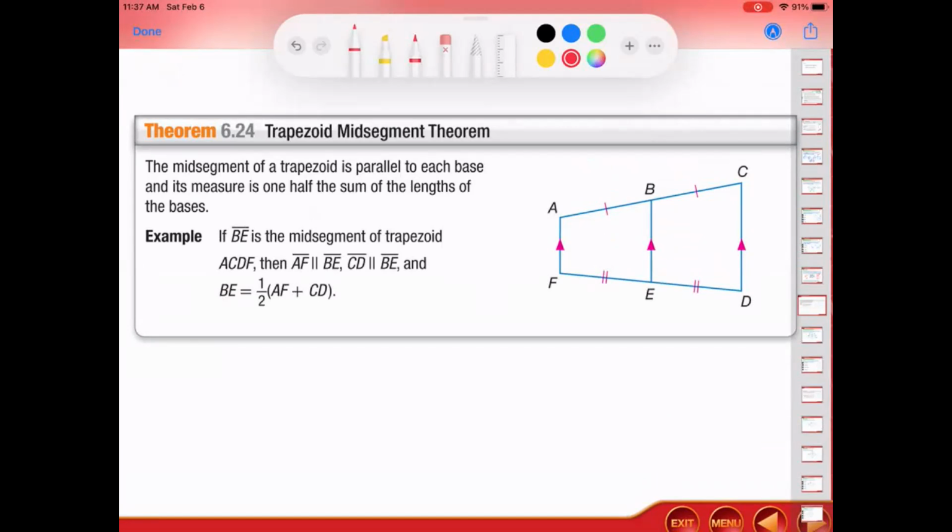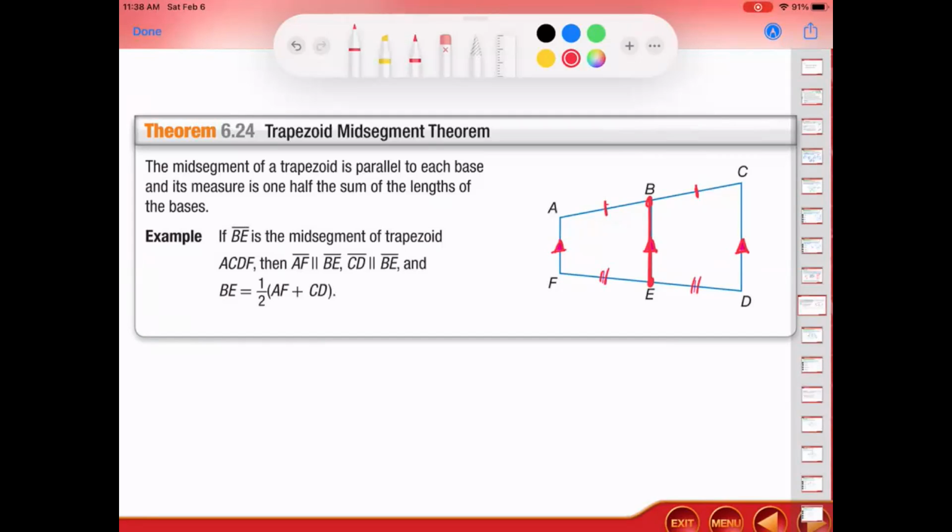So when you have a trapezoid mid-segment, so you take the midpoints, you connect them, that ends up making 3 parallel lines, which I guess is cool. And then on each side, the 2 segments are congruent because they are the midpoint of each segment. So that's cool. That's all fine and dandy.